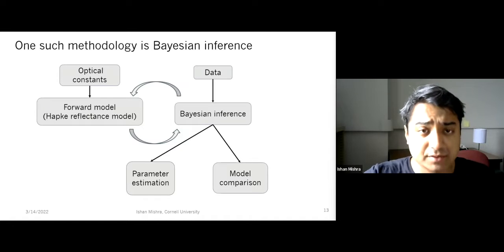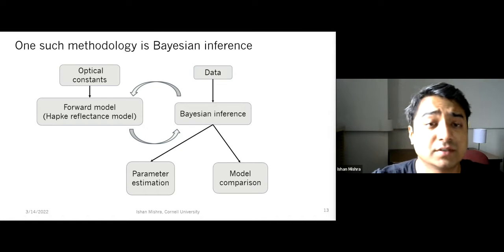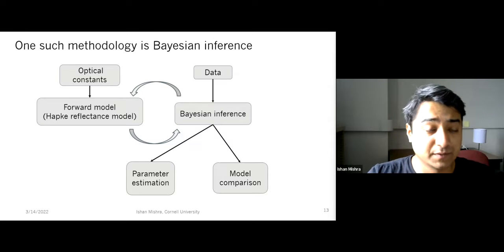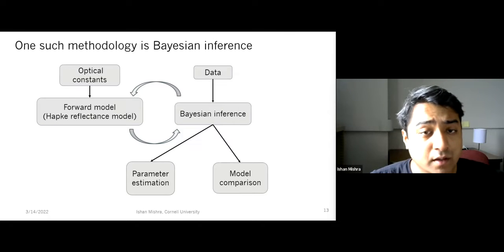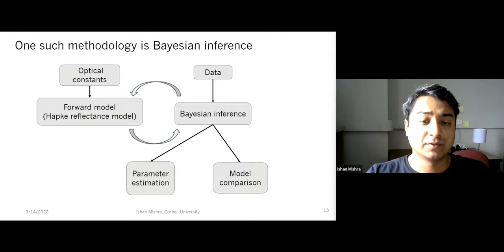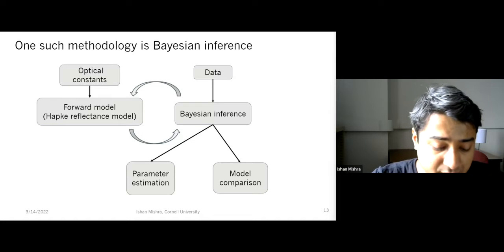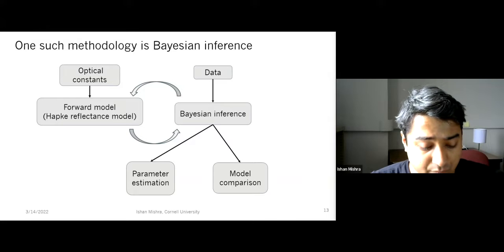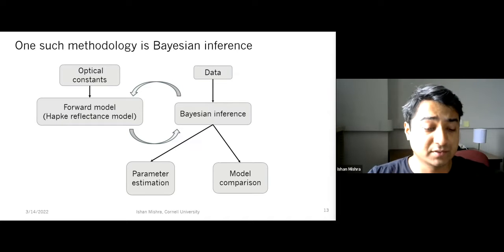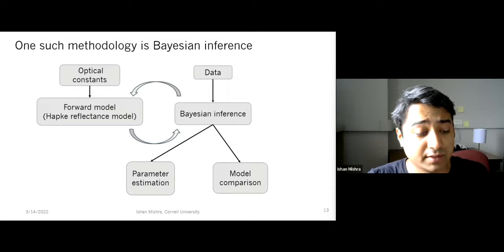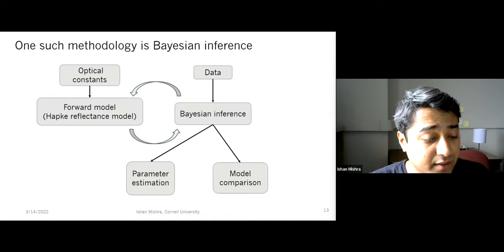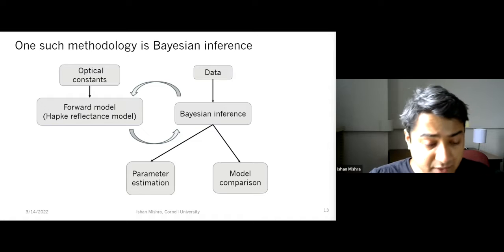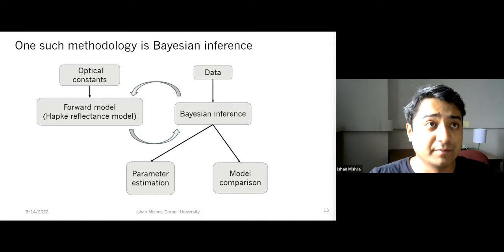So a Bayesian inference framework allows you to do this in a neat way. The idea is at its core very simple: you're basically fitting a model to a data set, but within a Bayesian framework, you get to explore a high dimensional parameter space, because if you have many parameters, not only the abundance of the species that you're considering, but also physical parameters, and if you have many species, then it becomes a high dimensional fitting problem.